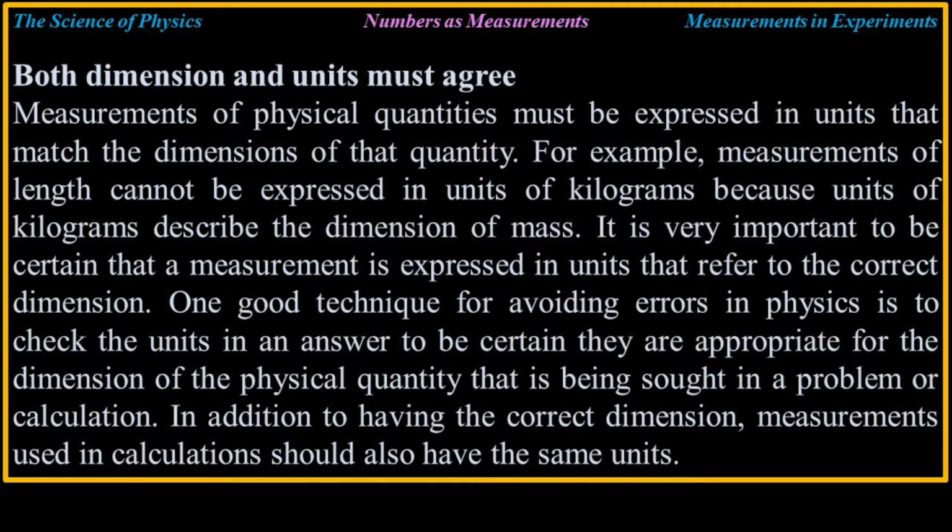One good technique for avoiding errors in physics or chemistry is to check the units in an answer to be certain they are appropriate for the dimensions of the physical quantity that is being sought in a problem or calculation. In addition to having the correct dimension, measurements used in calculations should also have the same units. For instance, if you are converting your height to something, you don't want to convert it to pounds. That would make no sense. Or if you're converting your weight, you wouldn't convert your weight to seconds.